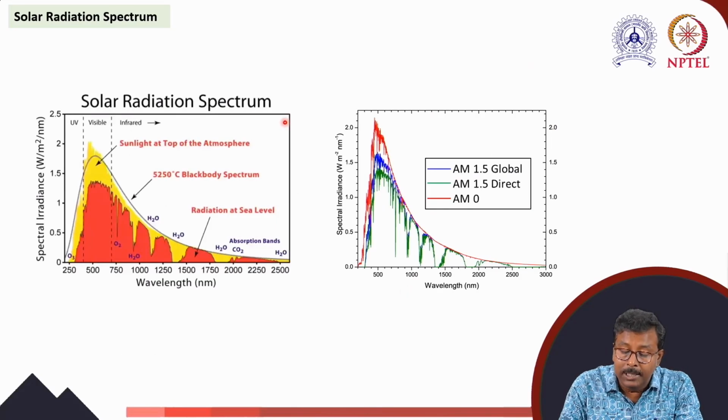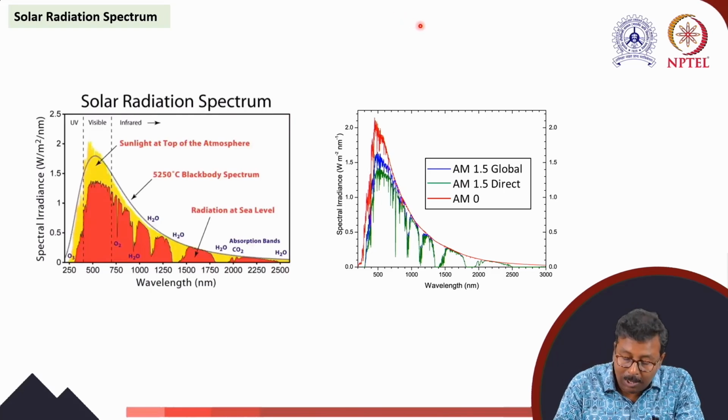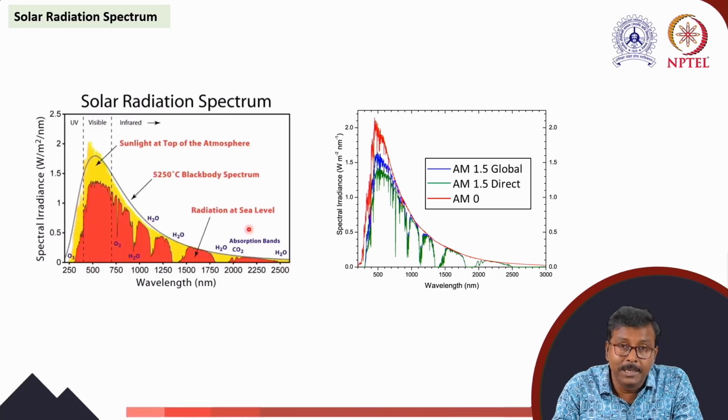Now the solar radiation spectrum, which is also important, the wavelength dependent solar radiation. So how is it depending on wavelength? Because we have seen the wavelength of incident light is very important concerning the absorption of that light by a material.